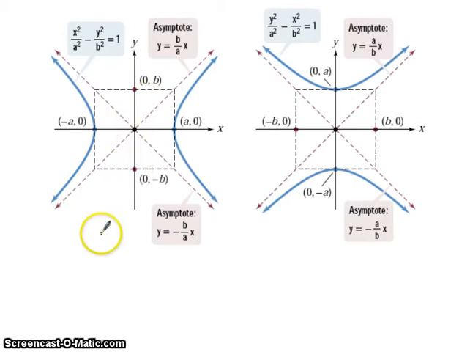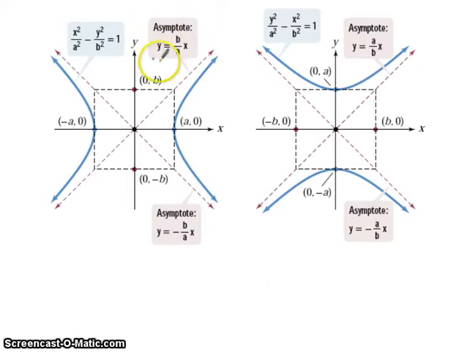And what happens when you create the a and the b values on your graph, you end up making a rectangular shape, or in this case, a square shape, where you can draw diagonals through, and the diagonals will bound your hyperbola. They will help you to draw the hyperbola.